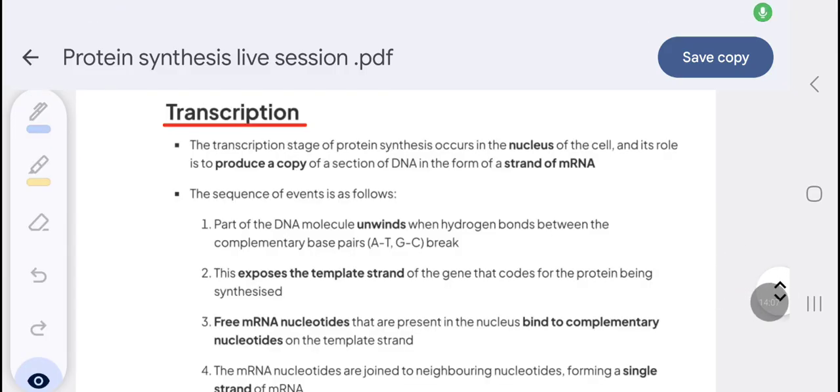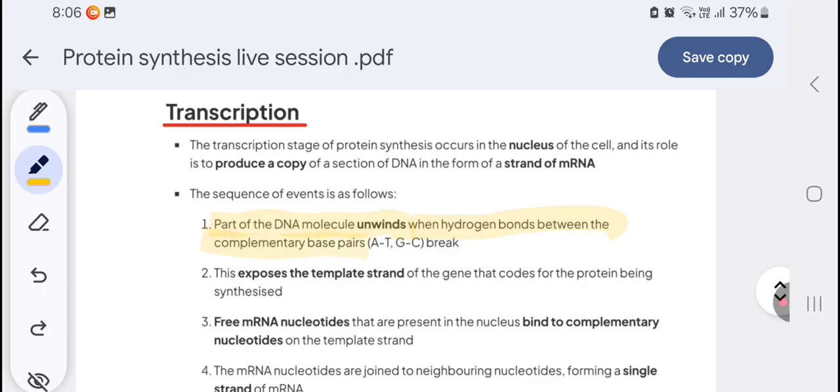So let's revise what transcription is. Transcription is when part of the DNA molecule unwinds as the hydrogen bonds between the complementary base pairs break. This exposes the template strand of the gene that codes for the specific protein being synthesized. Free messenger RNA nucleotides that are present in the nucleus bind to their complementary nucleotides in the template strand.